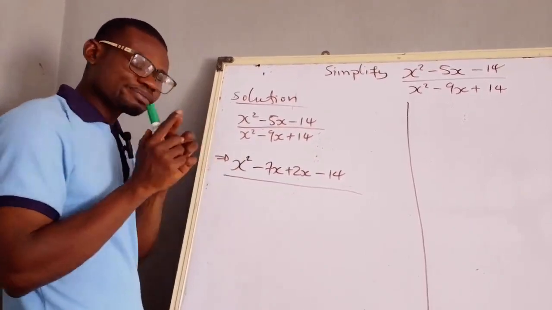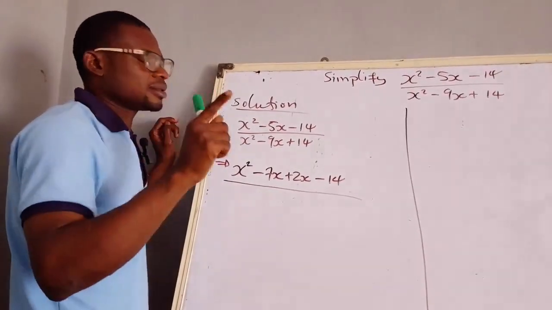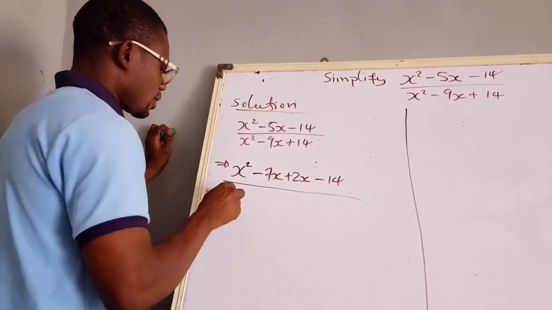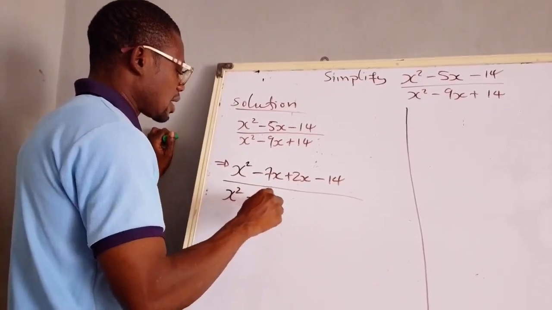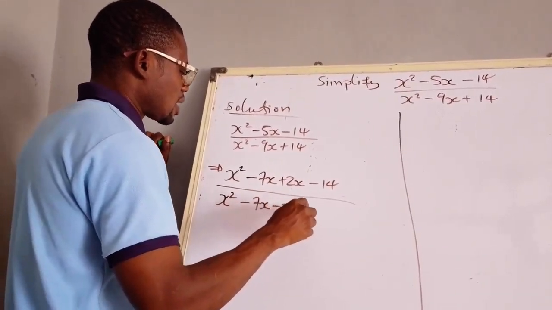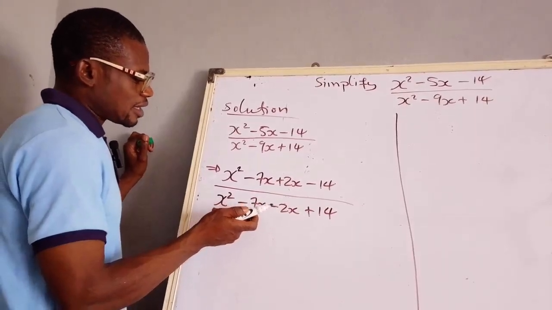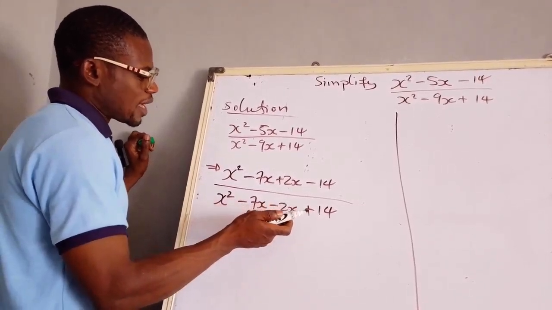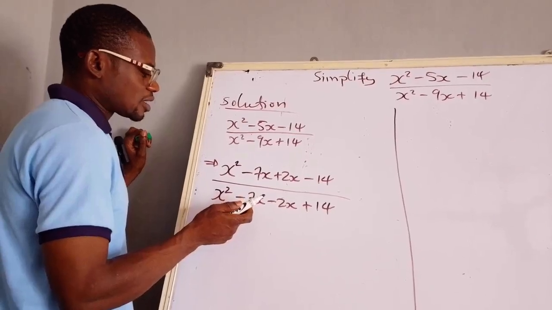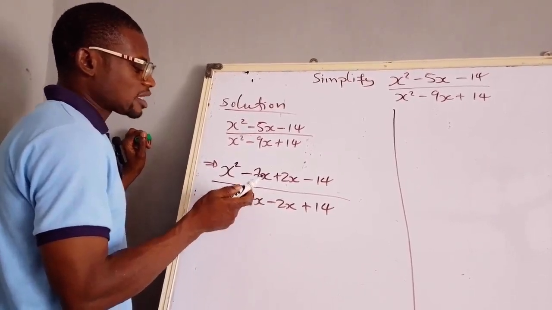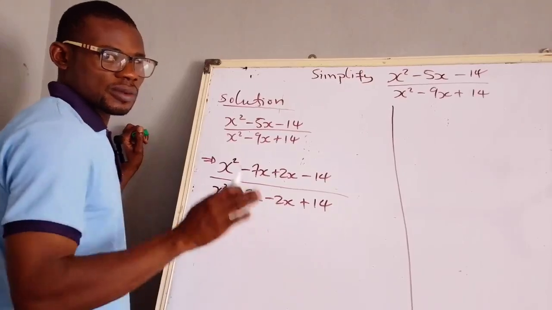So we will have minus 7x and minus 2x. This is x squared minus 7x minus 2x plus 14, because minus 7x minus 2x will give us minus 9x, and minus 7 multiplied by minus 2 will give us plus 14. So we are good to go.